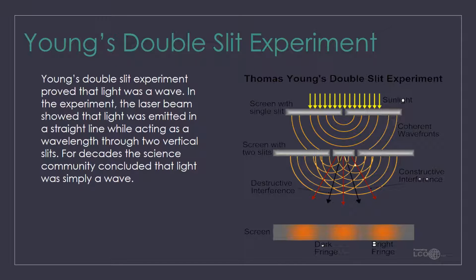Young's double slit experiment was also widely mentioned throughout the book. When scientists asked the question, what is light? his experiment proved that light was a wave. And so for years, people concluded that the best way to describe light is that it's a wave.